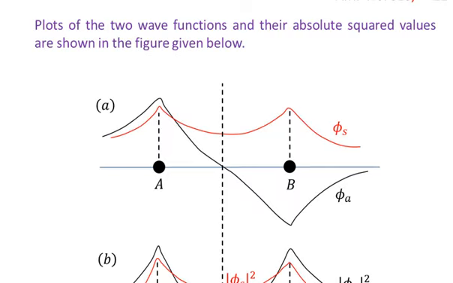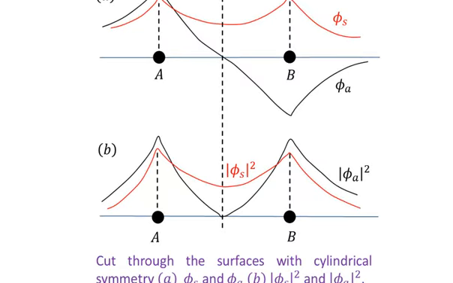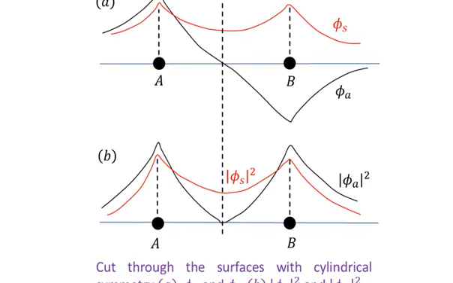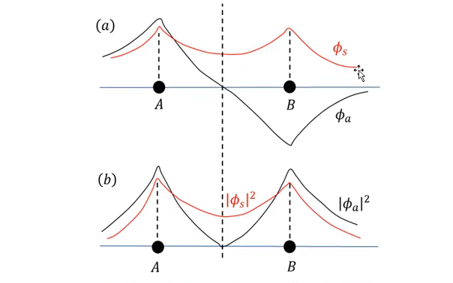Now in the bottom I am going to represent the absolute square of these quantities. If you take the absolute square of phi S, it is again shown with a red curve, and you know that it is symmetric about the center. And if you take the absolute square of phi A, represented by the black curve, you will see that this black curve also appears symmetric. Phi A is not symmetric, it is anti-symmetric, but if you take the absolute square of phi A, it becomes a relatively symmetric function.